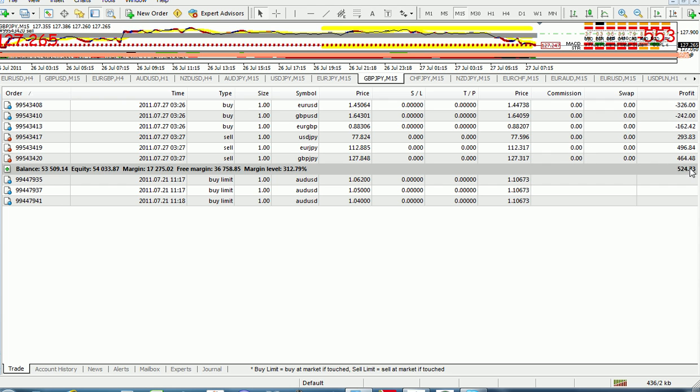So this is put on about 3 hours ago. So it went from loss in the bottom line into profit. Nice, isn't it? When the total of these all go into buy, the profit should be over $1,000 US dollars.